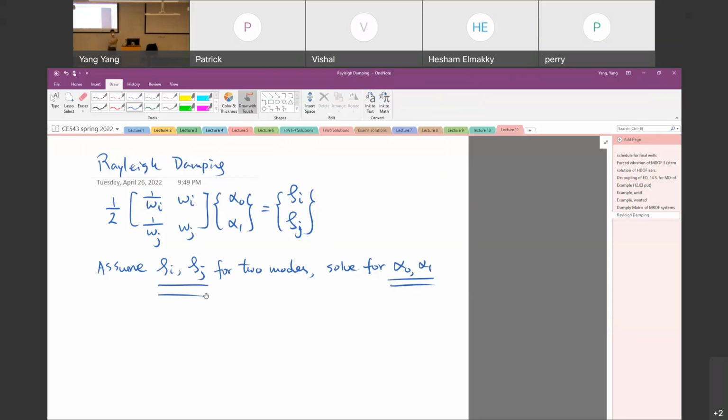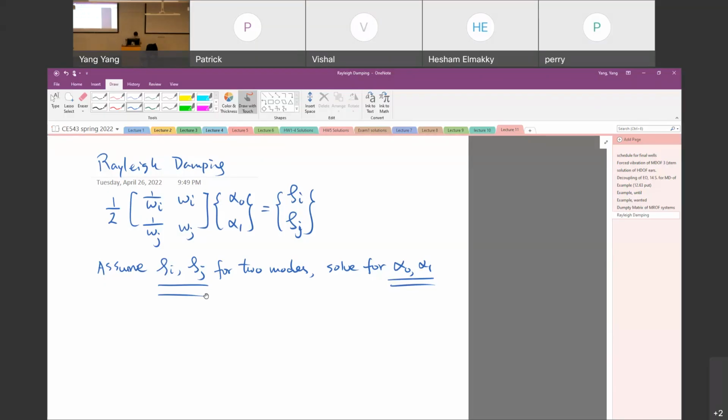Some software may require you to input the numbers for alpha 0 and alpha 1, or some software needs you to input the damping ratio for the selected modes. You need to tell the software which modes to use. For example, you can tell SAP2000 to use the first mode and the third mode, and then input the damping ratios for them.